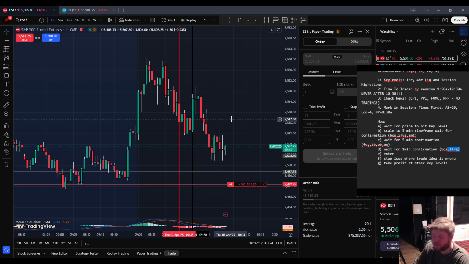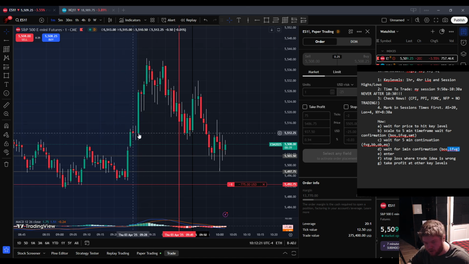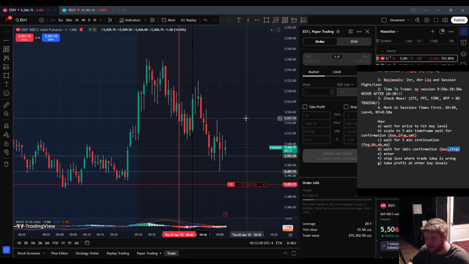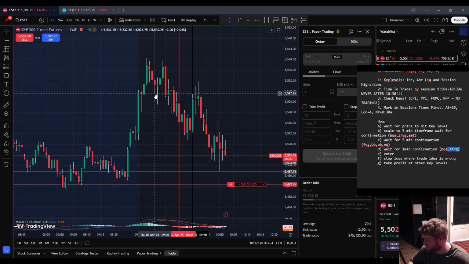We entered it off of the inverse fair value gap we spotted right here. For the app, trading wise, looking at 5 minutes there. Yeah, that looks more accurate. We entered roughly right in here.